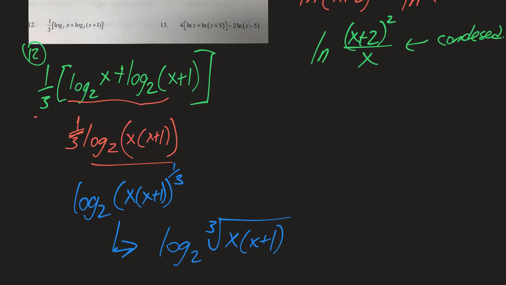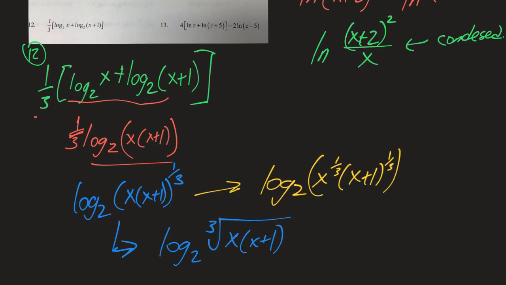Or even one other way we could write this is by distributing the 1/3 in. So maybe we have log base 2 of (x to the 1/3 times (x plus 1) to the 1/3). So some different things, but all of these are valid. Probably the easiest place to stop is just right here, and you don't have to go any further than that.